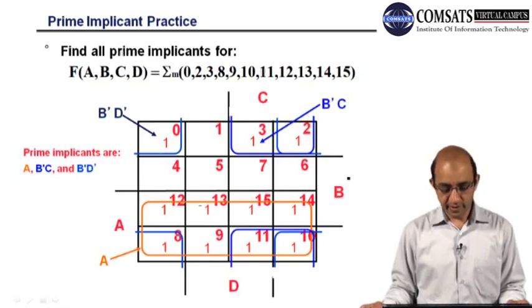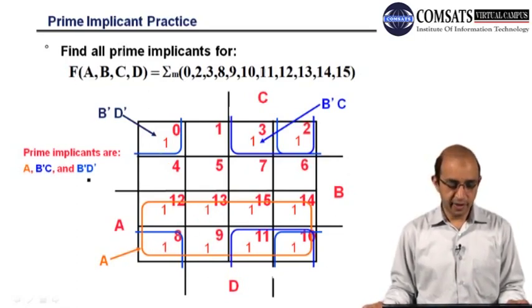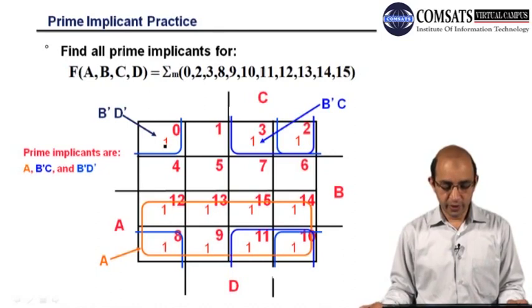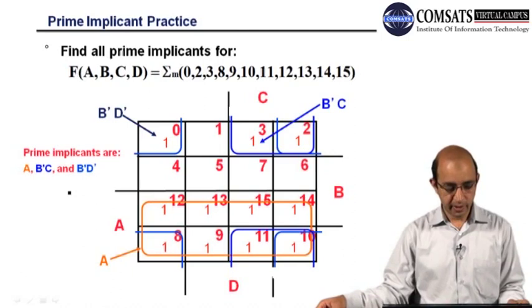If you consider this quad, we will get A, right? And if you look at the squares, because we got this square and the square with the ones at the corners, we will get 2 more terms, and those are the prime implicants, right?